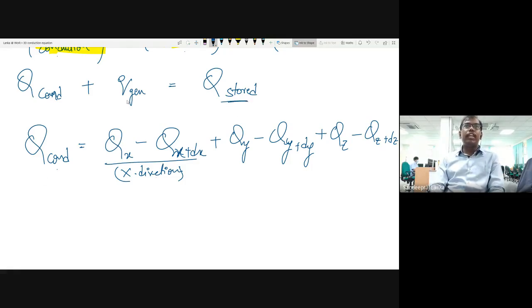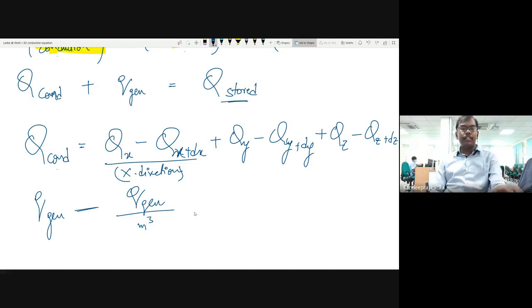If I have to take Q gen here, it has to be taken like Q gen per unit volume. Why should I take it like this? Because this is measured in watts.